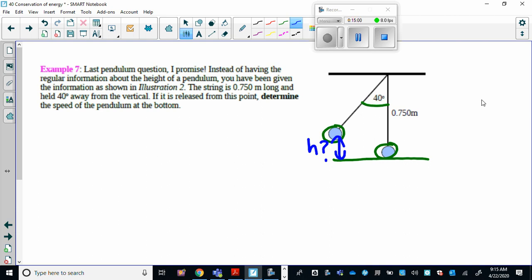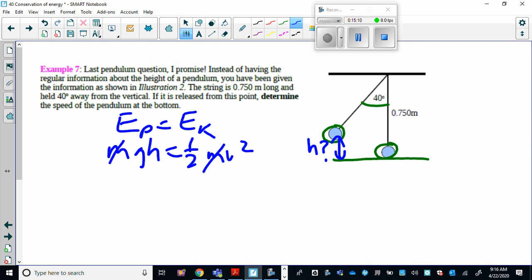H. We don't know. We need to determine it to use this: EP equals, right. We've done this enough that we can just do it quickly. For us to use this formula here to calculate the velocity, we need the height. We don't have it.